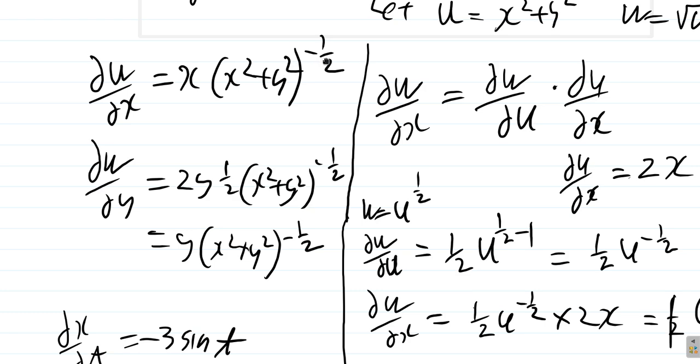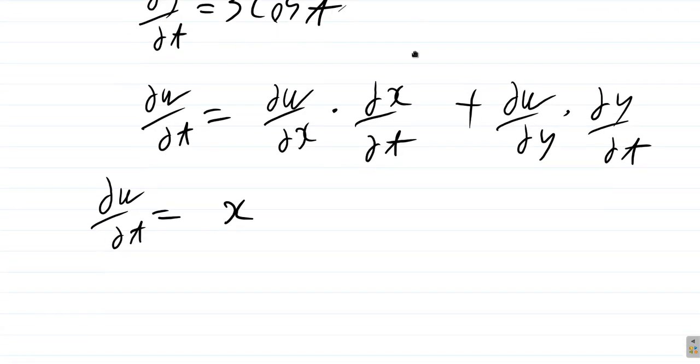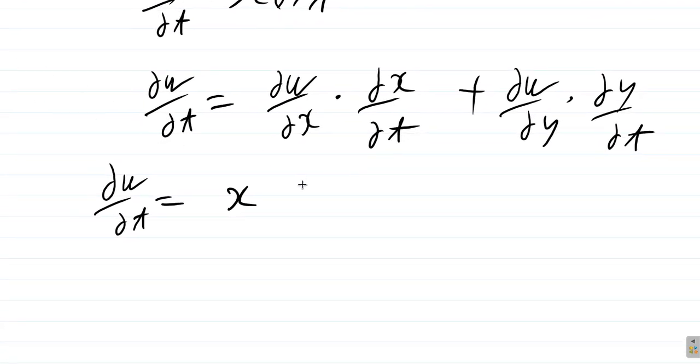So this is going to be 1 over the square root of x squared plus y squared. So we can write it as x times 1 over the square root of x squared plus y squared, or just x over the square root of x squared plus y squared.